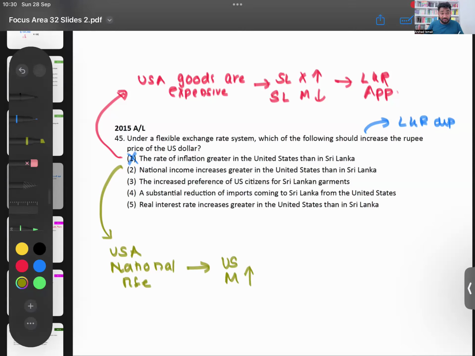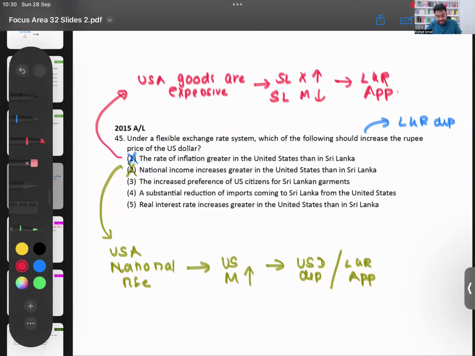So if the US imports more and more, what will happen to the US currency? The US dollar will depreciate. If the US dollar depreciates, what will happen to our Sri Lankan rupee? If one currency depreciates, the other currency will appreciate. The Sri Lankan rupee will appreciate. Then that is also not our answer because we are looking for an answer where the Sri Lankan rupee depreciates.